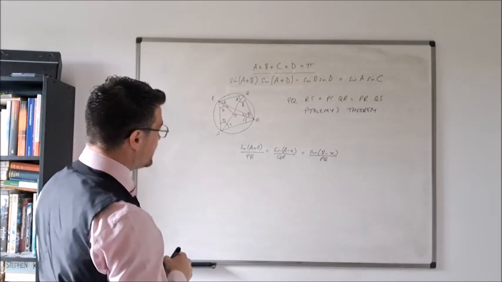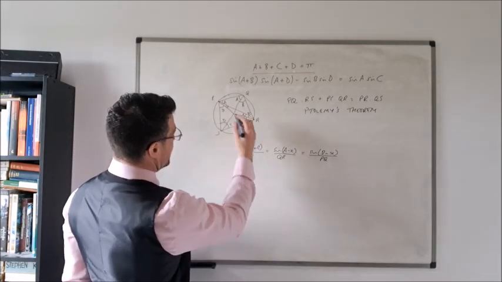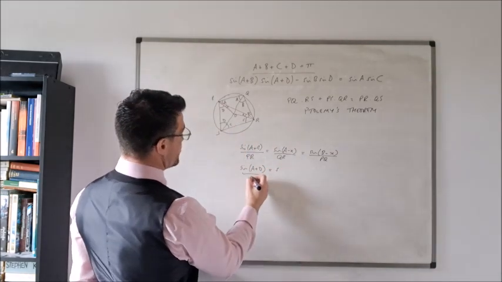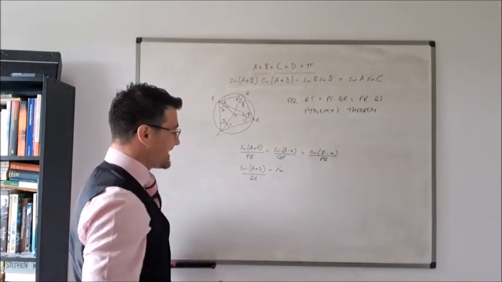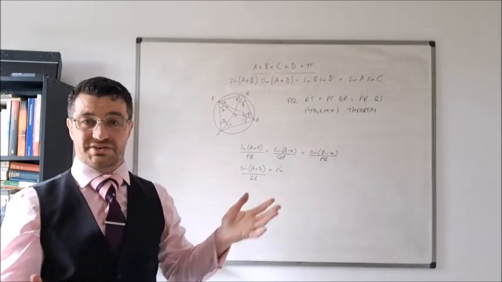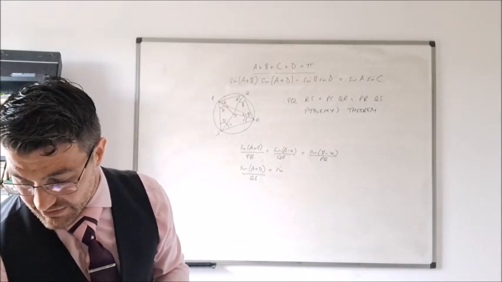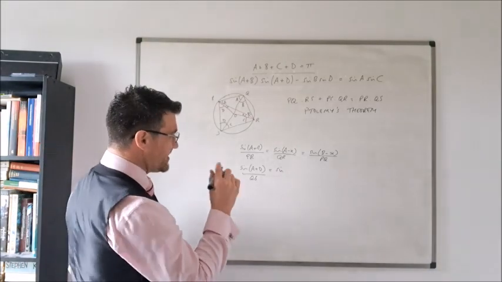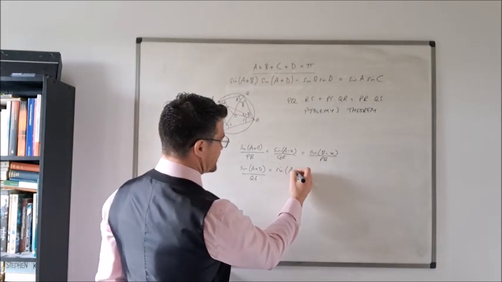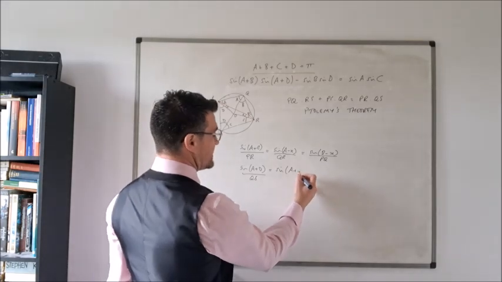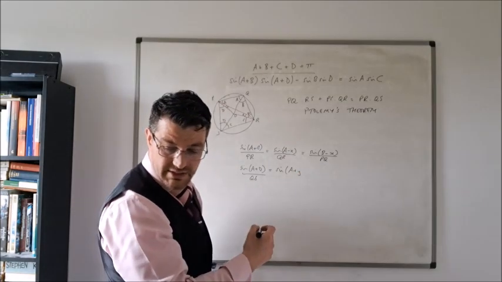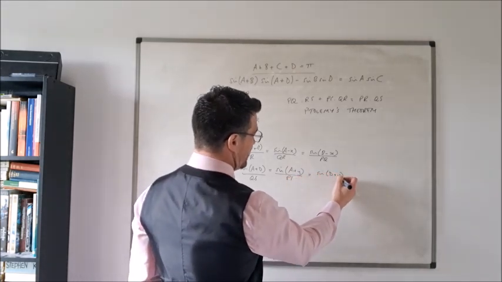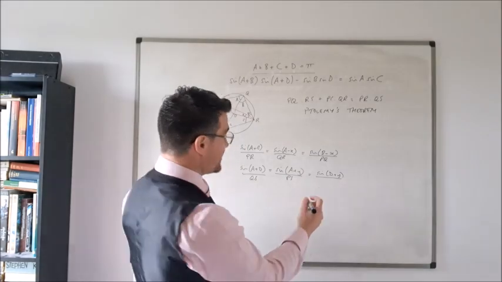The diagram's not drawn very well, but what you get is something like sine of A plus D over QS is equal to, now it turns out it's not going to be C minus X and D minus X. Looking at my notes, and by the way, my notes are not necessarily reliable, you end up with something like A plus Y over PS is equal to sine of D plus Y over PQ or something.